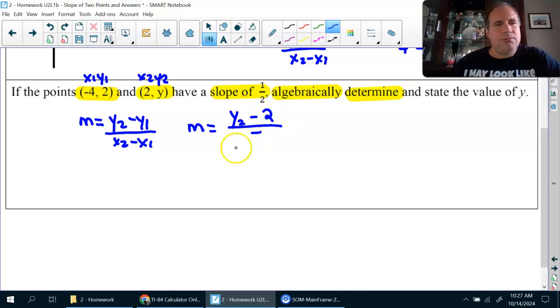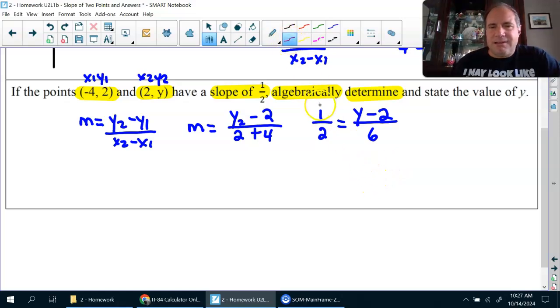So this is 2, and then x2 minus x1. So that's plus 4. I'm just going to substitute the m that they gave me, and I'm just going to put half in as m. And I'm just going to put y minus 2. And I know it's y2. I'm just going to put the y, though. All right, and then 2 plus 4 is 6.